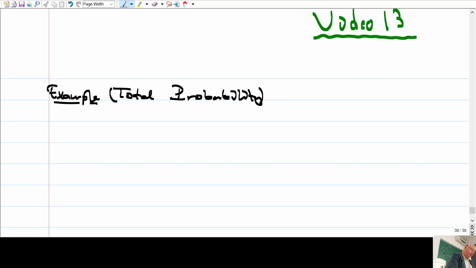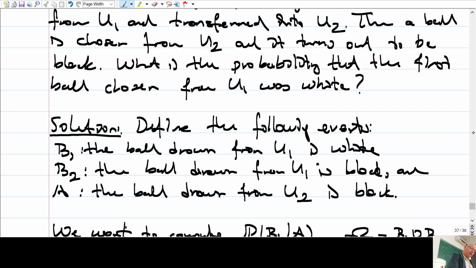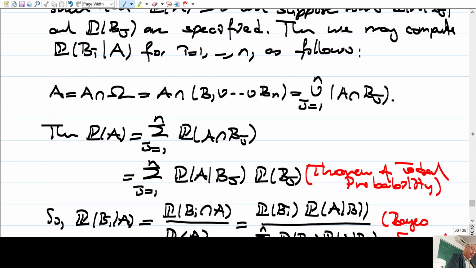What was it? Let me just remind you real quick. Suppose you have a partition of your sample space omega into finitely many subsets B1 up to Bn. So these are disjoint sets whose union is equal to omega.